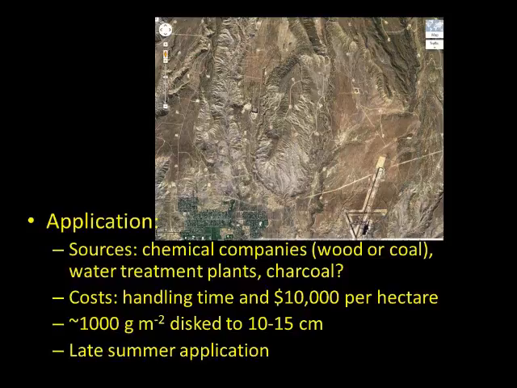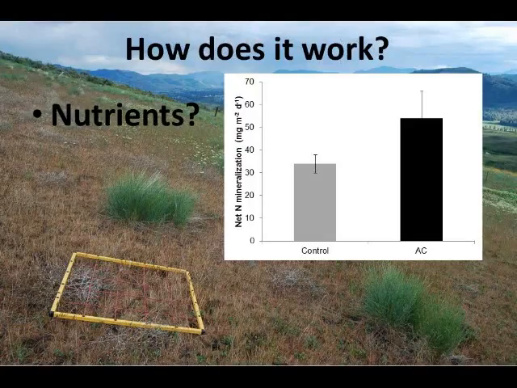It'll cost a couple $1,000 to put down carbon on these basically 1 acre plots, but it's something I think they'll be interested in to get native plants growing, so we're testing that there. But we're talking about $10,000 a hectare at 1,000 grams. So for the most part, cost prohibitive, and so I'll talk now about some of the research we're doing to try to find ways to be more cost effective.